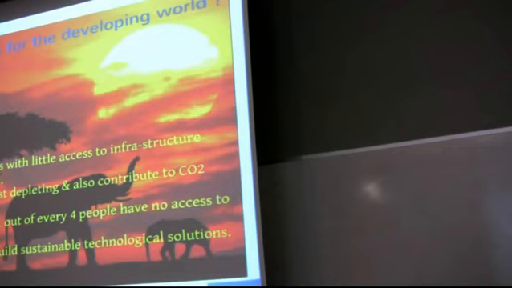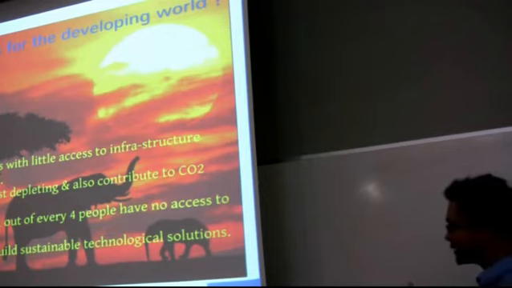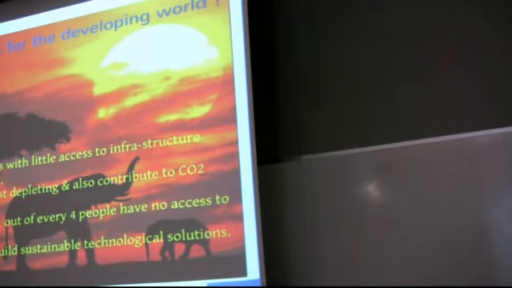If you think about it from a market perspective, your impact as an engineer can be quite significant because you can impact a quarter of the world. If you're successful, that's pretty incredible. Billions of people, right? 1 out of every 4 people in the world have no access to electricity. So from an impact perspective, I think the potential is significant.